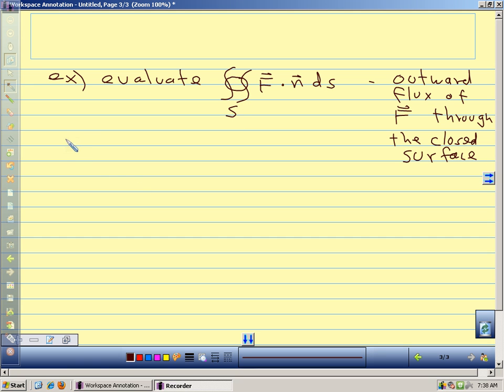So in this case, our vector field F is xy i plus yz j plus minus yz k. And our surface is given by z equals the square root of a squared minus x squared minus y squared, and z equals 0.